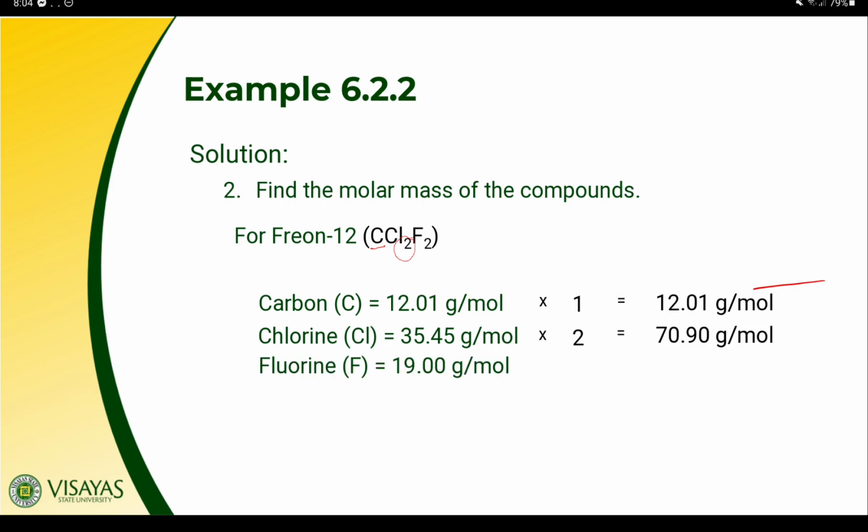For fluorine, its molar mass is 19 grams per mole. Since we have 2 fluorine atoms, we multiply that by 2, and we get 38 grams per mole. And the molar mass of Freon 12, we will add these 3 values, and we get 120.91 grams per mole. So this is the molar mass of Freon 12. Remember this value for chlorine, 70.90 grams per mole in Freon 12.